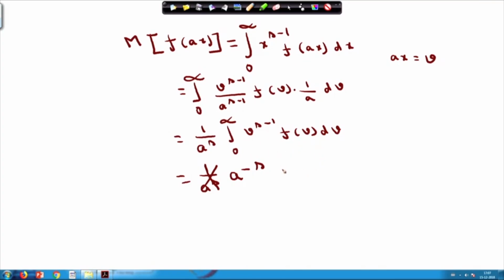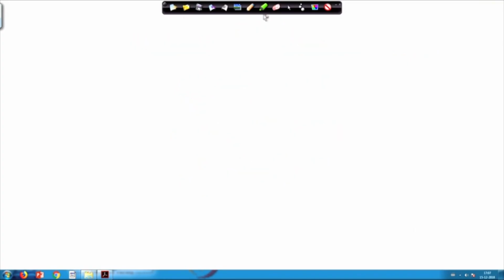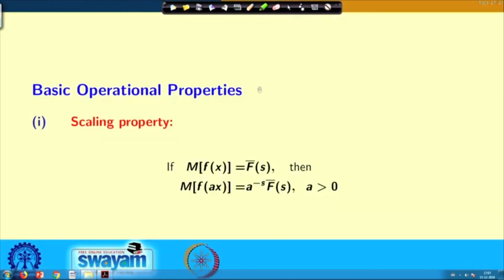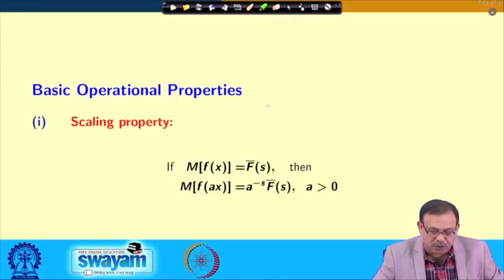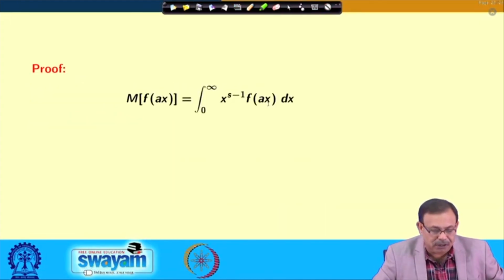So I can write this as a to the power minus s into F bar(s). This completes the proof that the Mellin transform of f(ax) is a to the power minus s into F bar(s), that is, a to the power minus s into the Mellin transform of f(x). So the proof was quite simple. This was the scaling property.